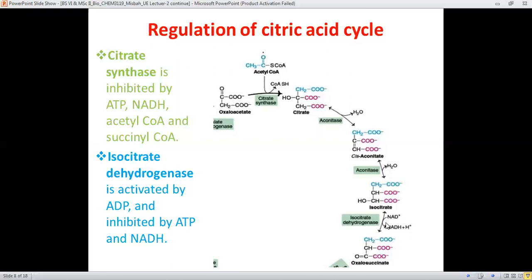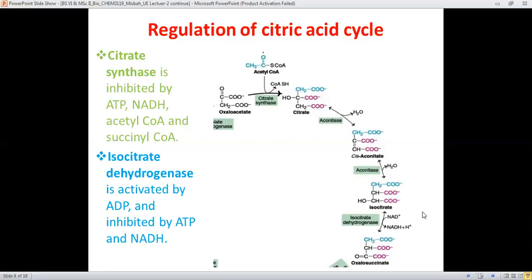NAD is converted to NADH, and for the back conversion, NADH must be converted back into NAD through the electron transport chain, and this conversion needs the presence of ADP. Therefore ADP activates this enzyme to convert more isocitrate into oxalosuccinate, and it is inhibited by ATP.